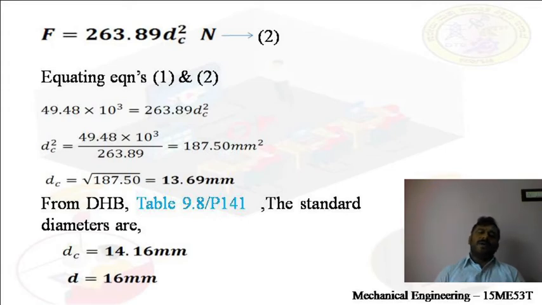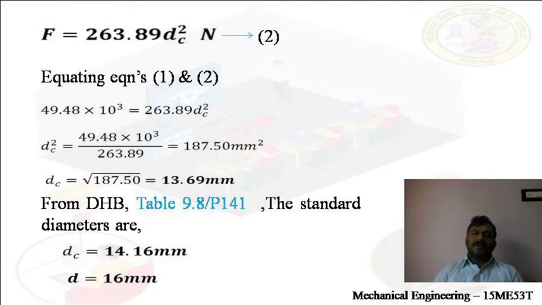Now we are going to check this stud for a leak proof joint. That means whether the diameter obtained can be used for a leak proof joint or not. Because in all engine cylinders, steam engine cylinders, we have to maintain a leak proof joint. For that leak proof joint, we have to satisfy some conditions.